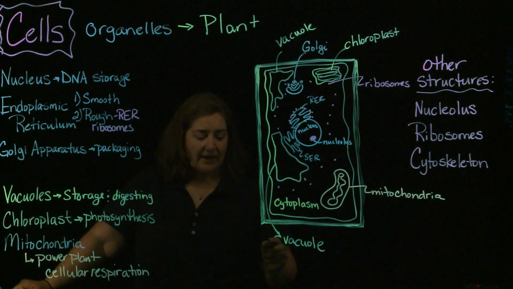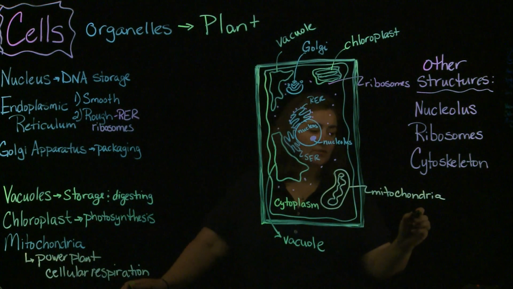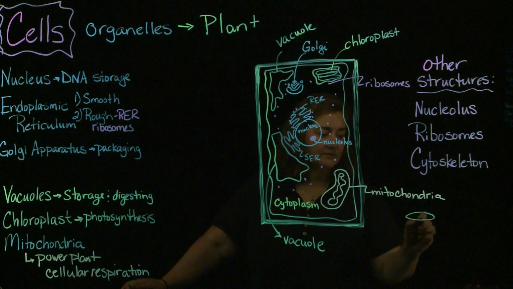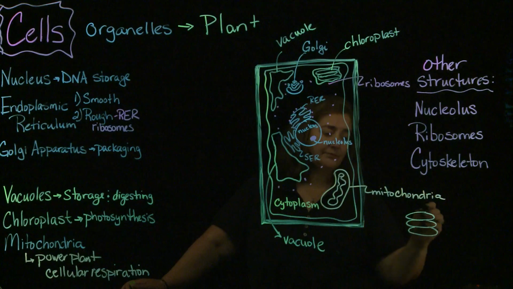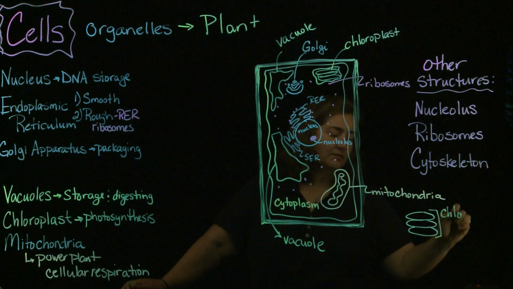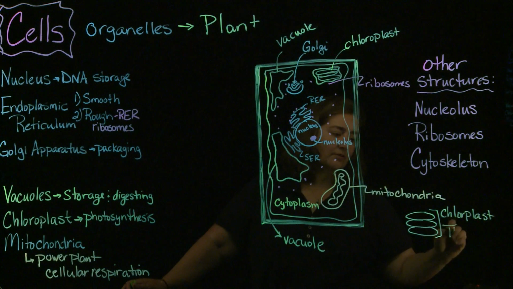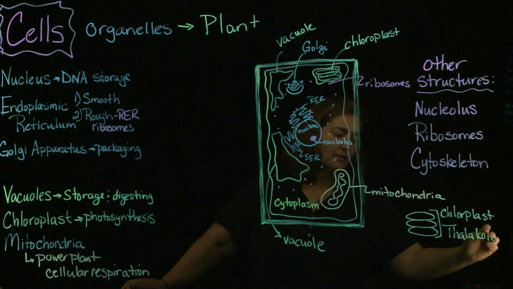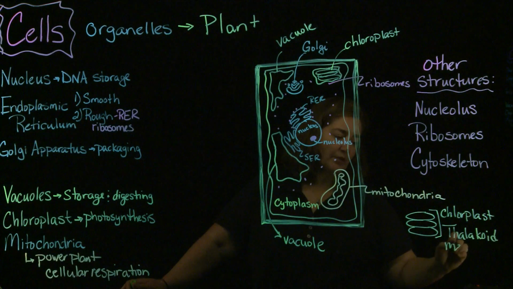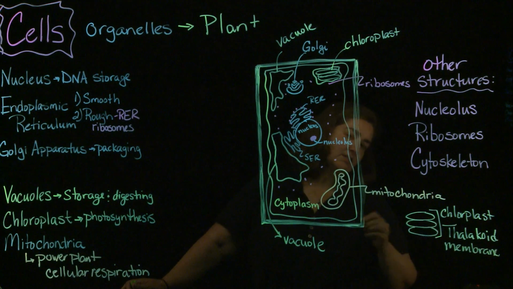And that chloroplast, I kind of drew some discs in there, kind of like that. So if we call this our chloroplast, what it's composed of are going to be some thylakoid membranes. So that's kind of why I drew them as discs on top of each other.